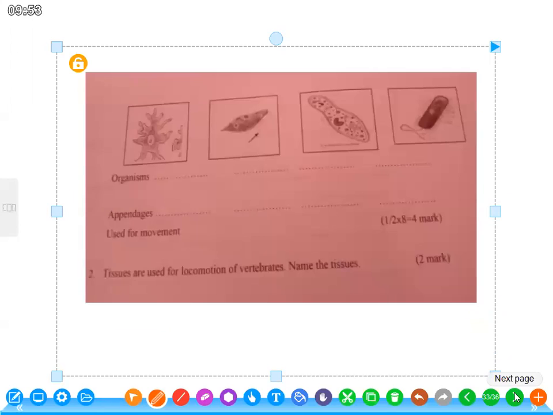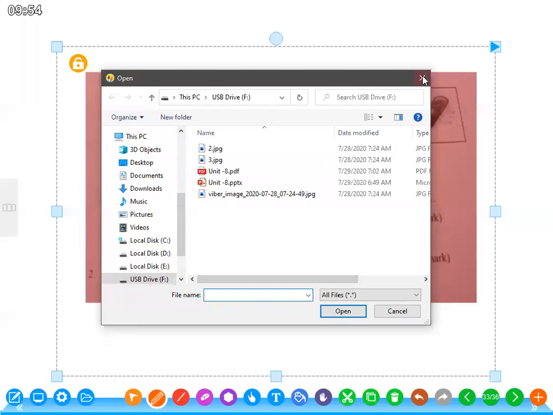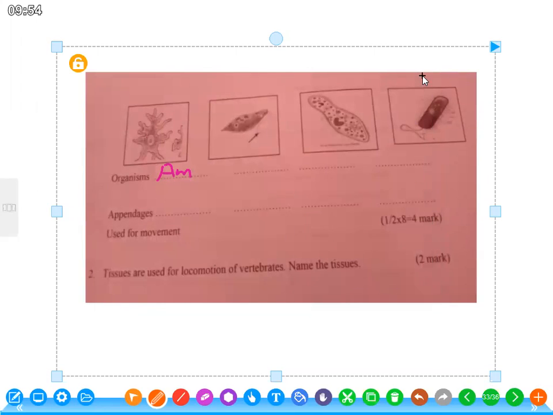Right, students, you have some questions, so you should answer these questions. The first one is amoeba.